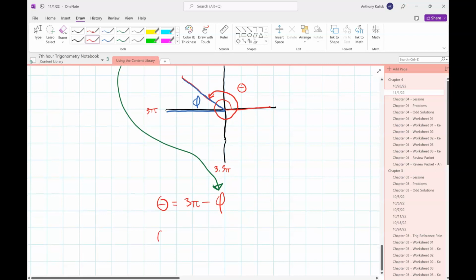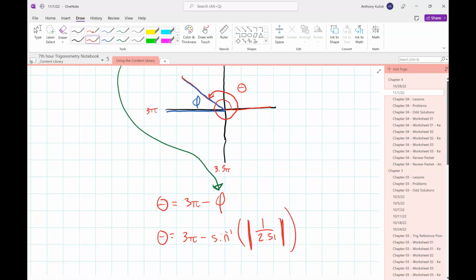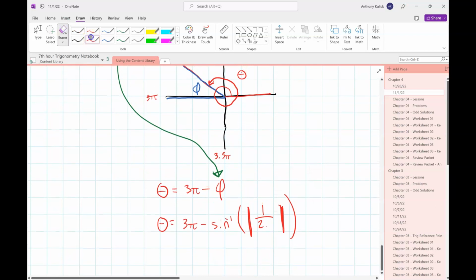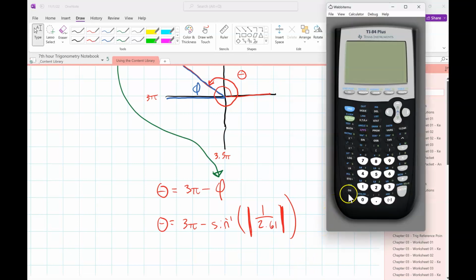And then how am I going to get my phi? I can't do cosine or cosecant inverse, but I can do sine inverse. Oh, 261, not 251, dumb. That ought to do me. And again, I'm not going to bother with the absolute values.